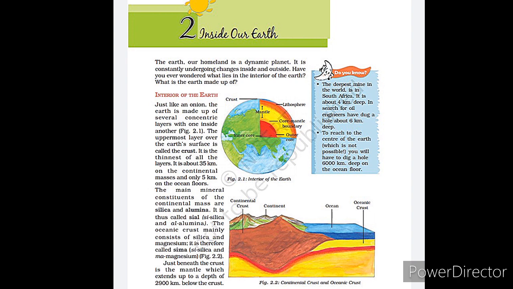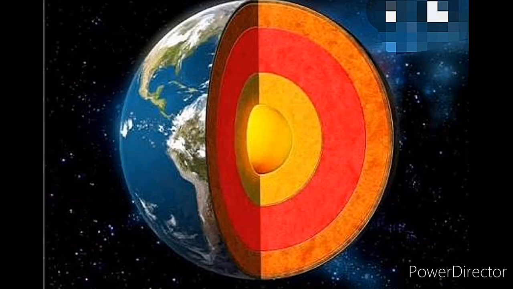Now we will start with a kind of comparative study. If you have ever peeled an onion, you will see there are concentric rings. Similar to the structure of an onion, you have the interior structure of the earth.